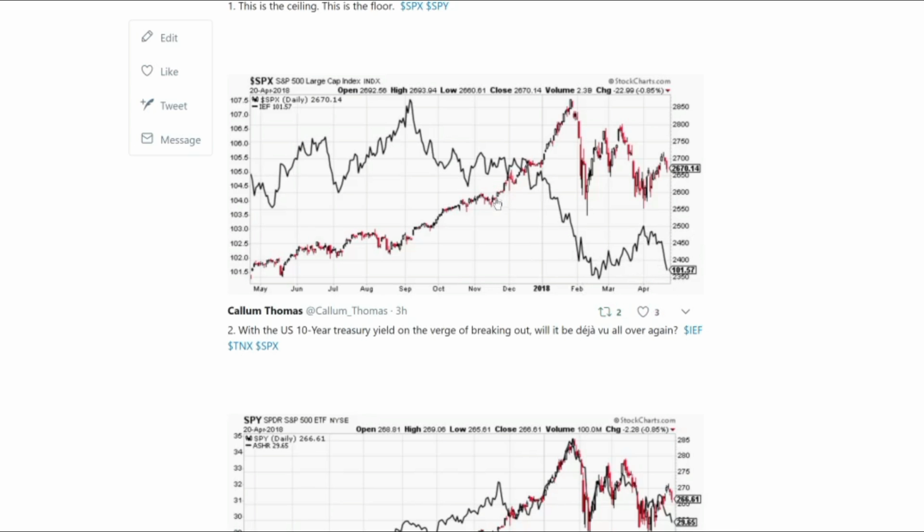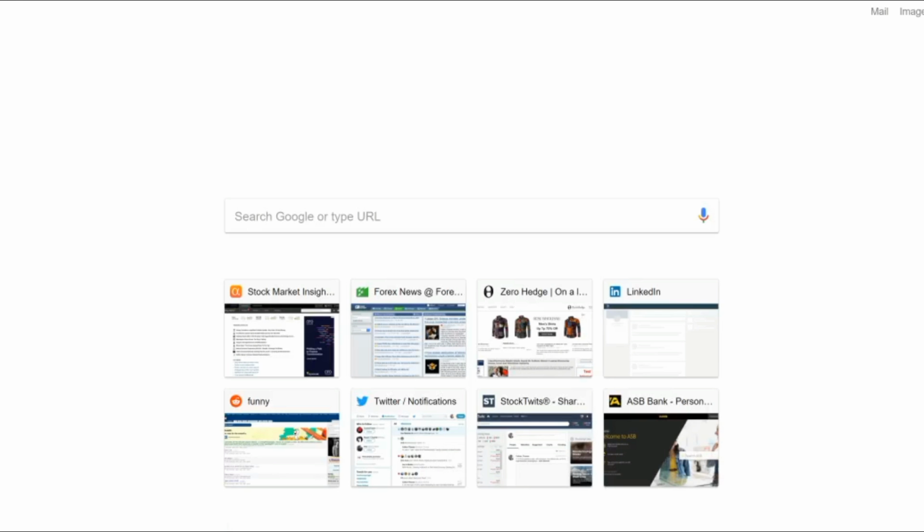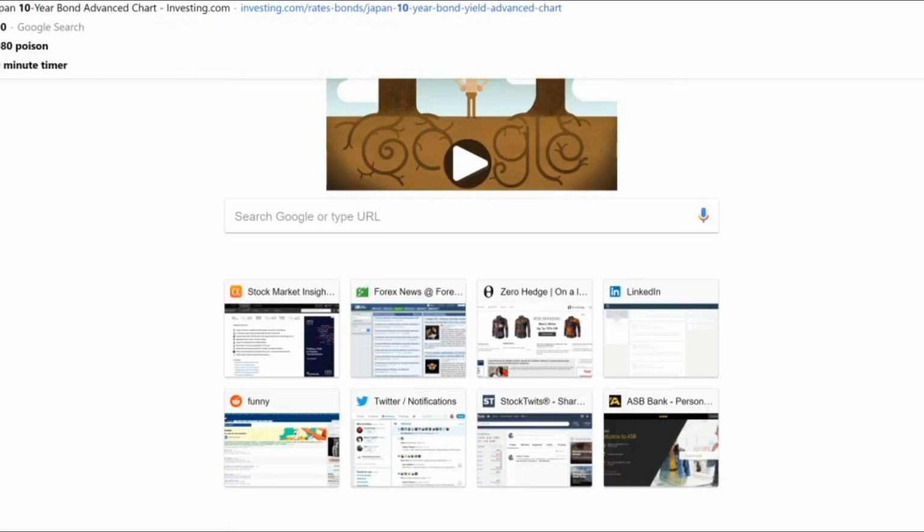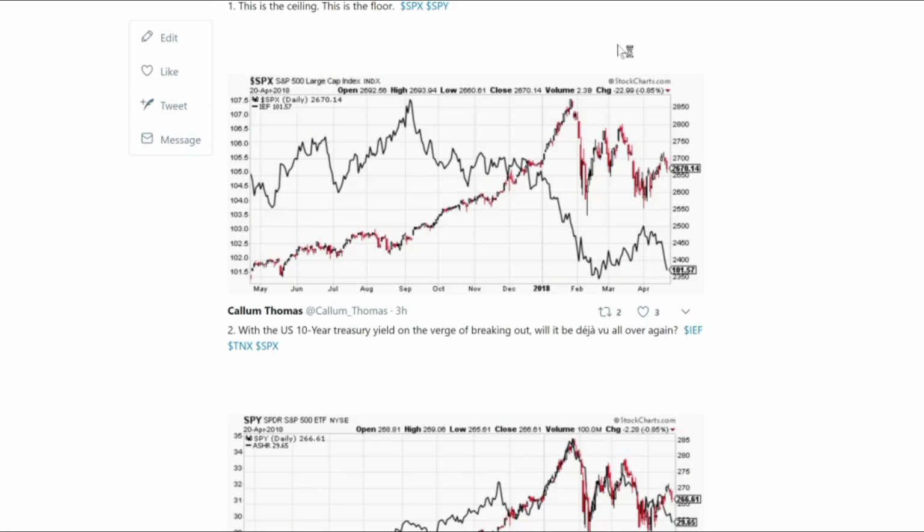I could have put the yield in here and shown it as inverted, but if you look at the 10-year Treasury, it's on the verge of breaking out. So I might see if I can bring that up actually, because it's pretty key. You can see there, when you show it in price terms, bonds are selling off, and we got that big sell-off of bonds early in the year, which ultimately I think is at least one thing behind that sharp correction.